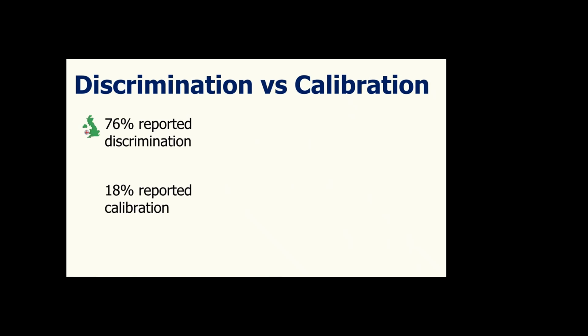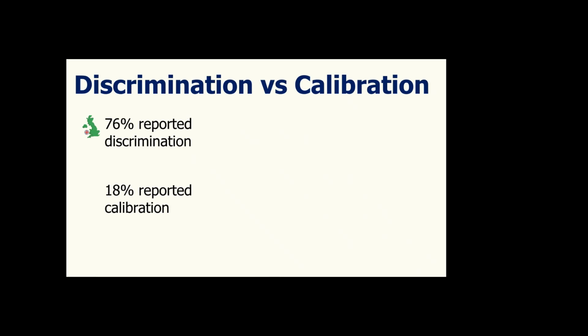And then looking at discrimination versus calibration, and how these are being reported. We can argue that these are possibly the two most important metrics when evaluating a prediction model. We found very similar things to what we find in the statistical research as well: very high, or comparatively higher, levels of reporting when it comes to discrimination, thinking about the AUC, the C statistic.